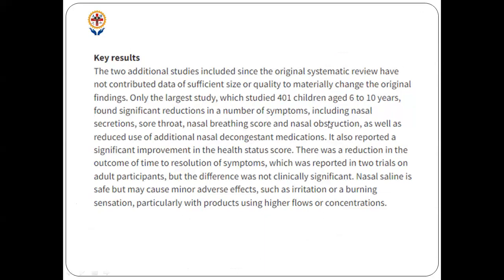In children presenting with symptoms of sore throat, using a saline nasal spray reduced the time to resolution of symptoms, reduced the usage of other decongestant and antihistaminic medications, and also reduced the number and duration of the symptoms.